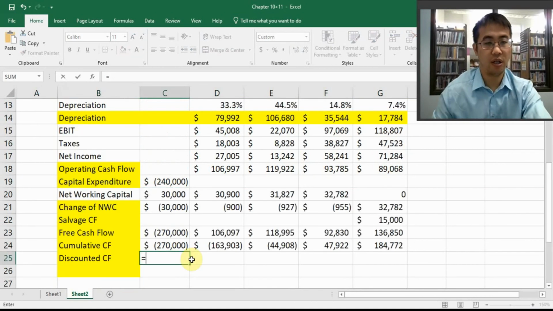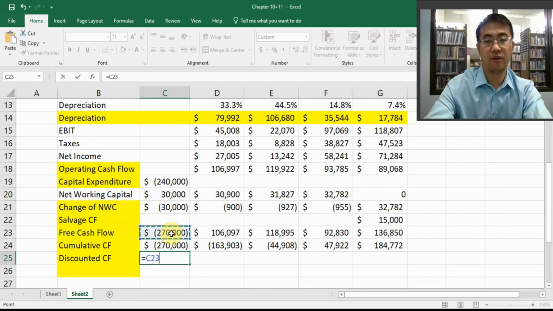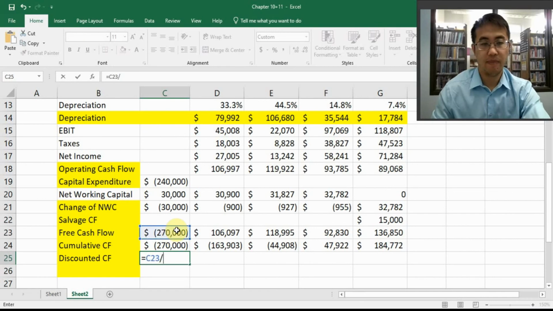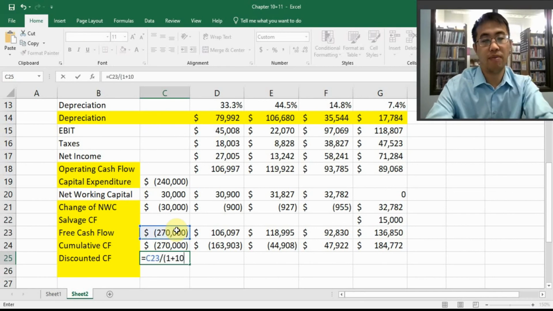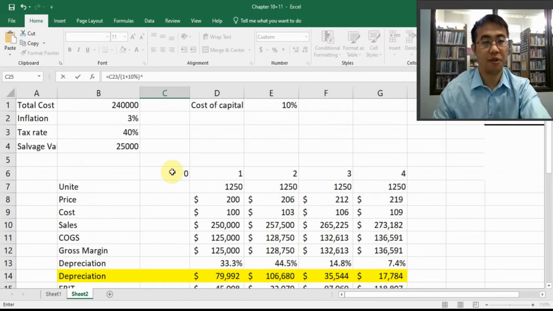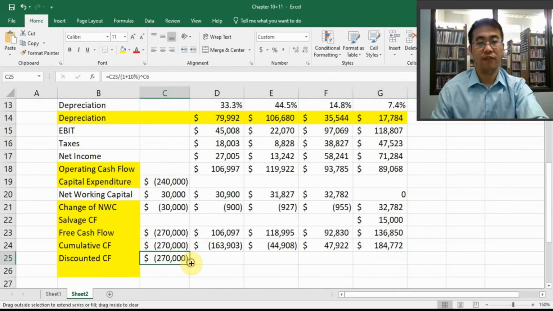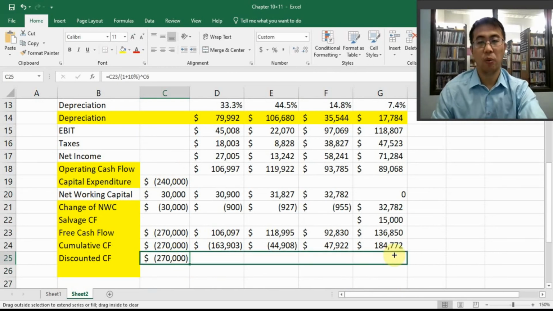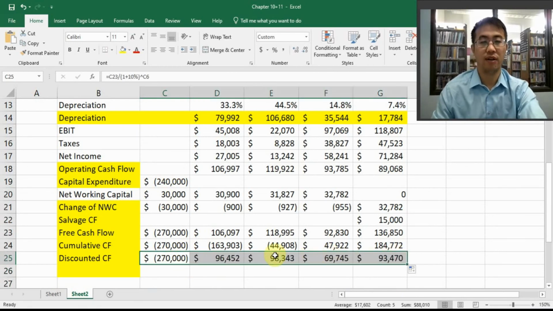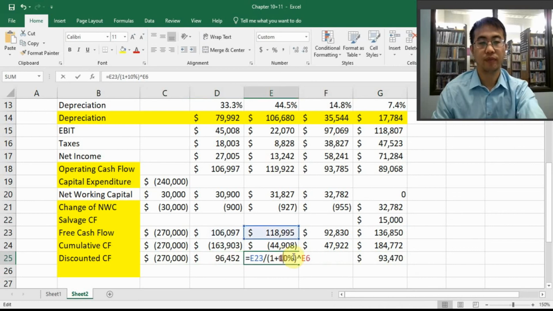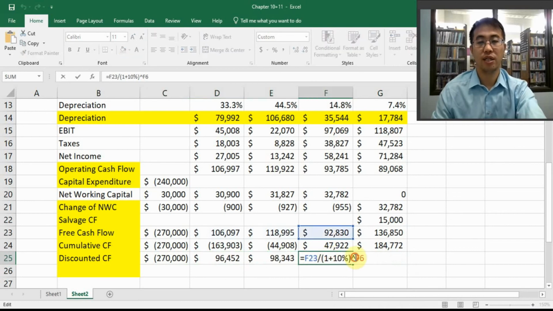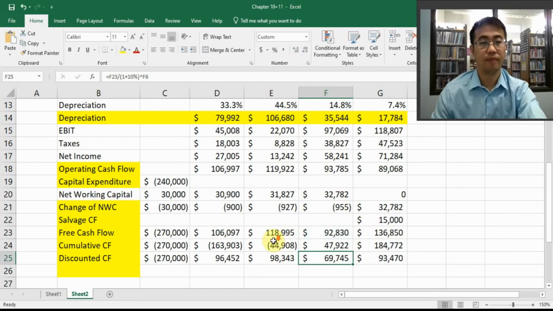For each year, I will use the free cash flow divided by 1 plus 10% raised to the power of the year number. If the year number is 0, there's no discounting effect. But if it's year 1 to year 4, there will be a discount at different levels. As you can see, these are the exponents according to the year number.